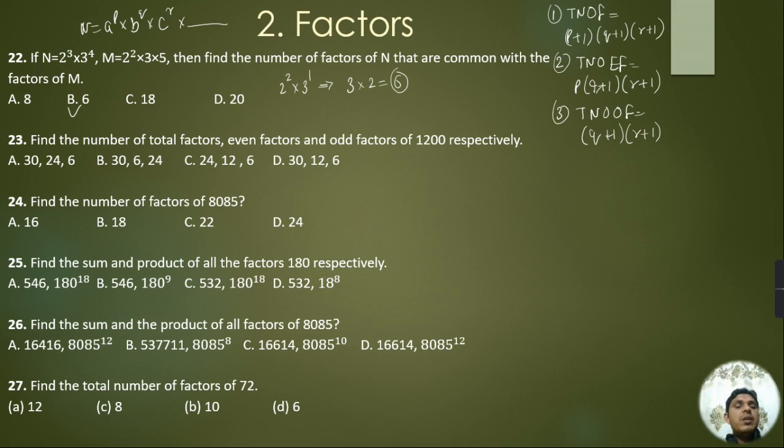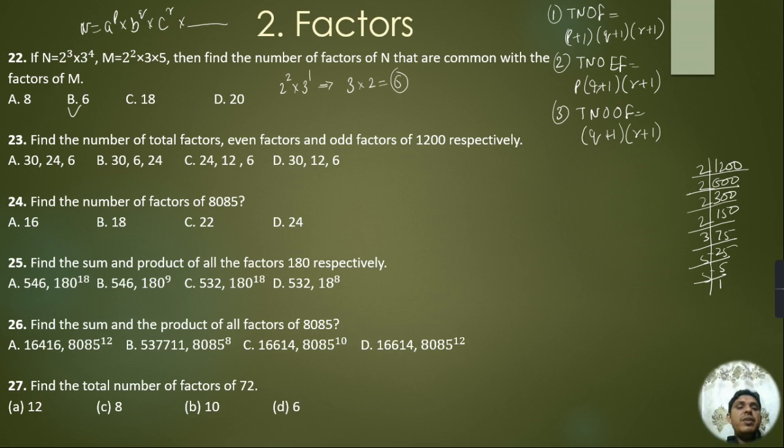Question number 23. Find the total number of factors, even factors and odd factors of 1200. So students, you must know the factorization of 1200. If we do the factorization, this is divisible by 2, giving 600, divisible by 2, giving 300, divisible by 2, giving 150, divisible by 2, giving 75, divisible by 3, giving 25, divisible by 5, giving 5, and divisible by 5, giving 1.